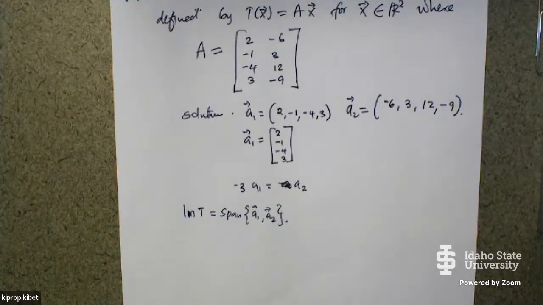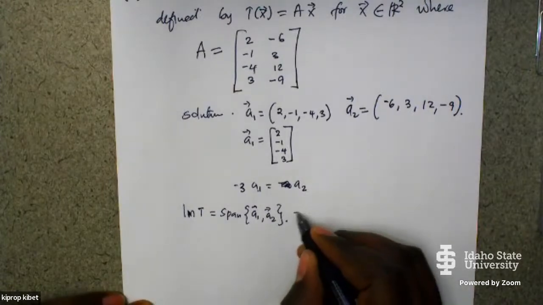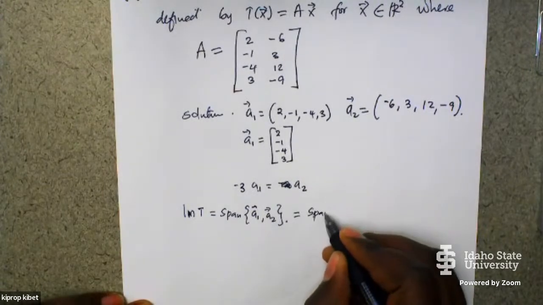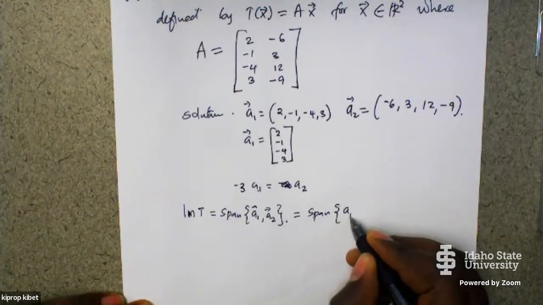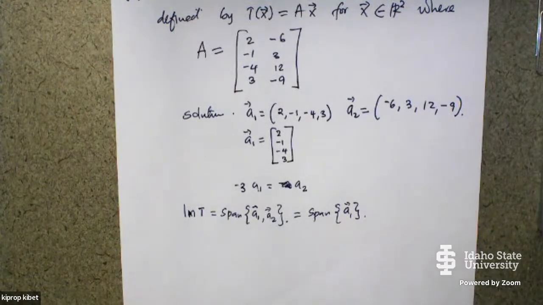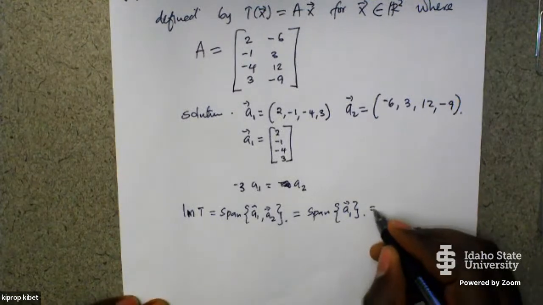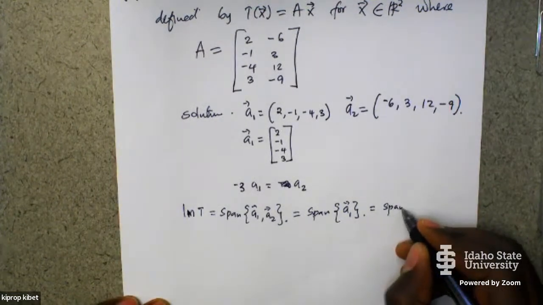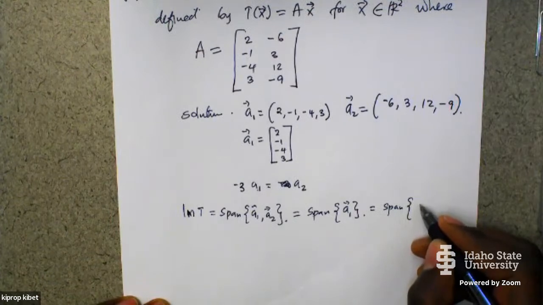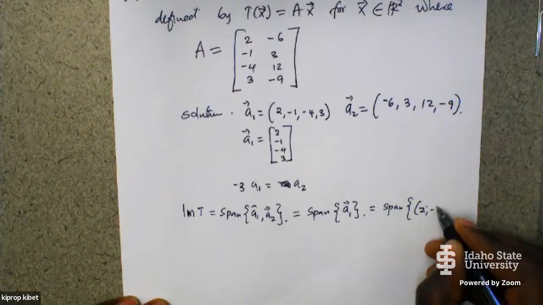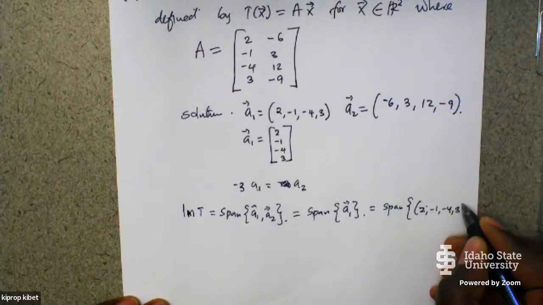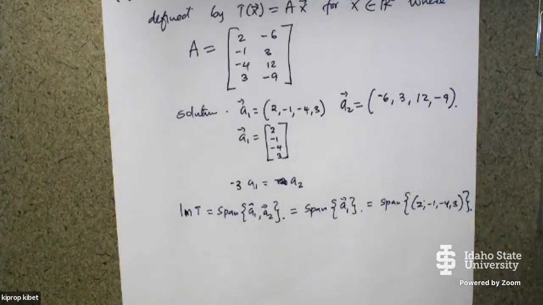Now, since one is a multiple of the other, the image is equal to the span of A1. You can just take one, which is the span of 2, -1, -4, and 3. So that is the image.